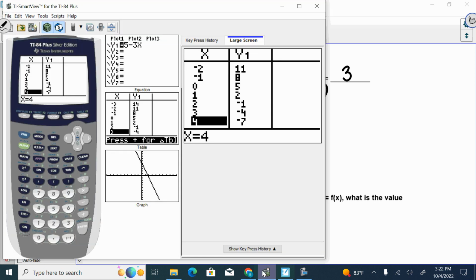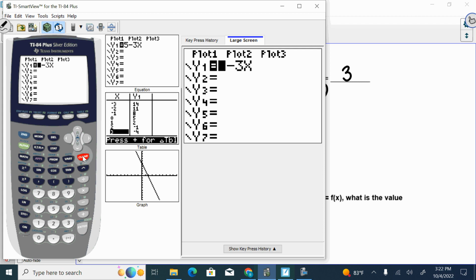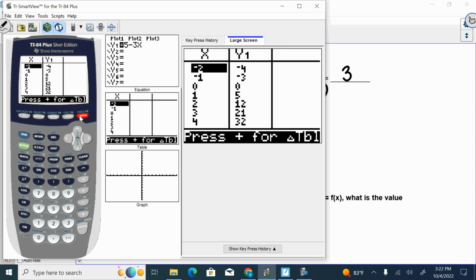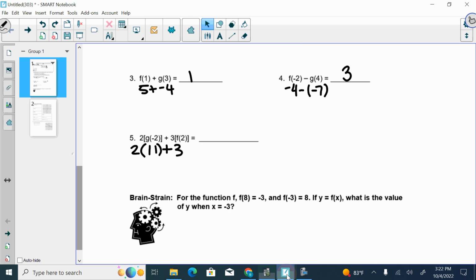So I'm going to have to go back into y equals and clear out my function and put in my f of x rule. So remember, that was x squared plus 4x. Okay, and they ask for f of 2. When x is 2, what is y? Good. So this inside the bracket became 12.